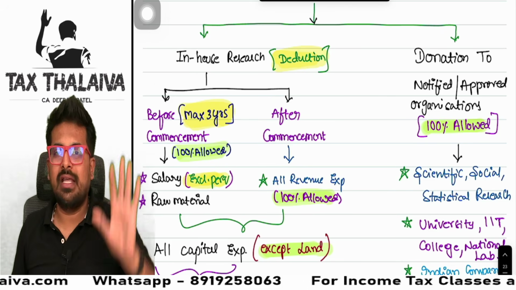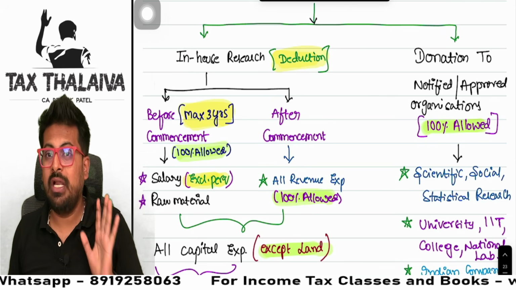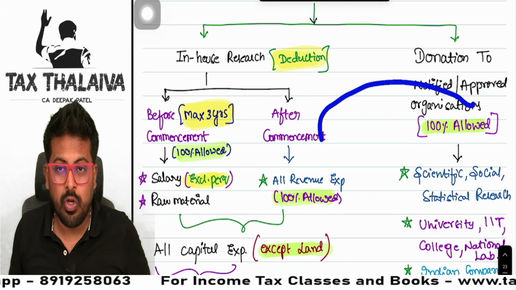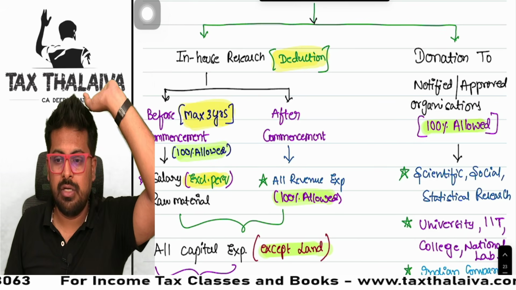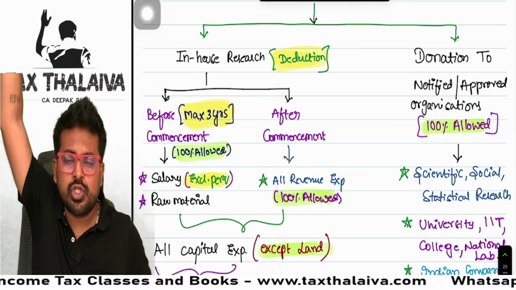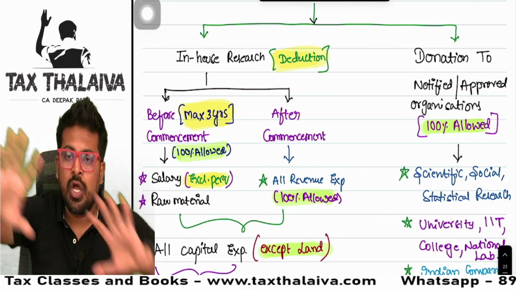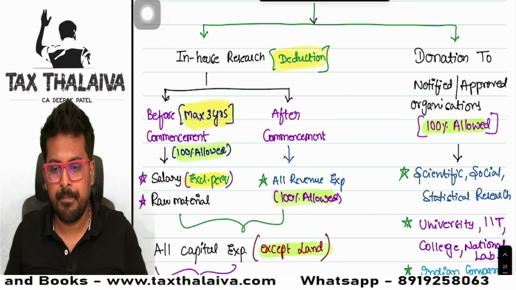Only if you give contribution to a notified or approved organization is it allowed. If you give contribution or donation to an unapproved organization, then you cannot claim deduction. 100% allowed, guys. Let's say, for example, you gave 100 crores to some organization for scientific research, fully allowed. You gave 50 crores to some organization, fully allowed.